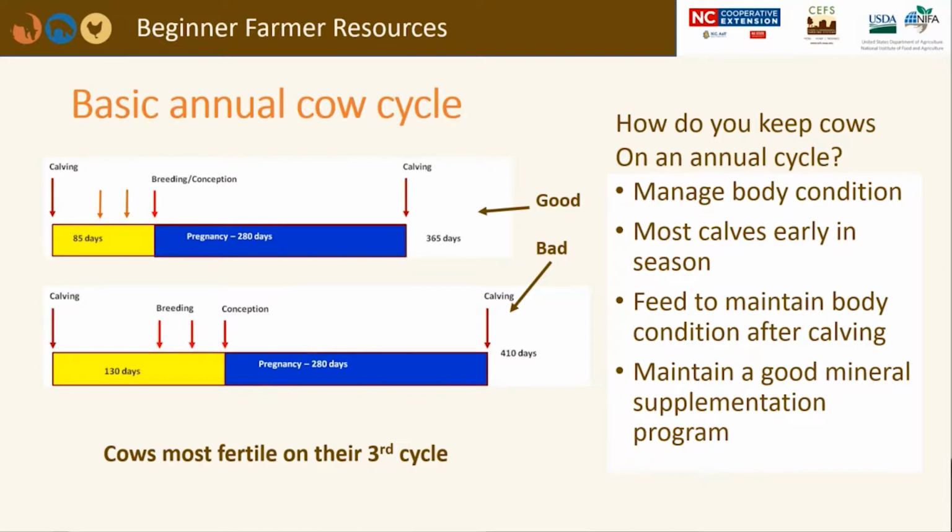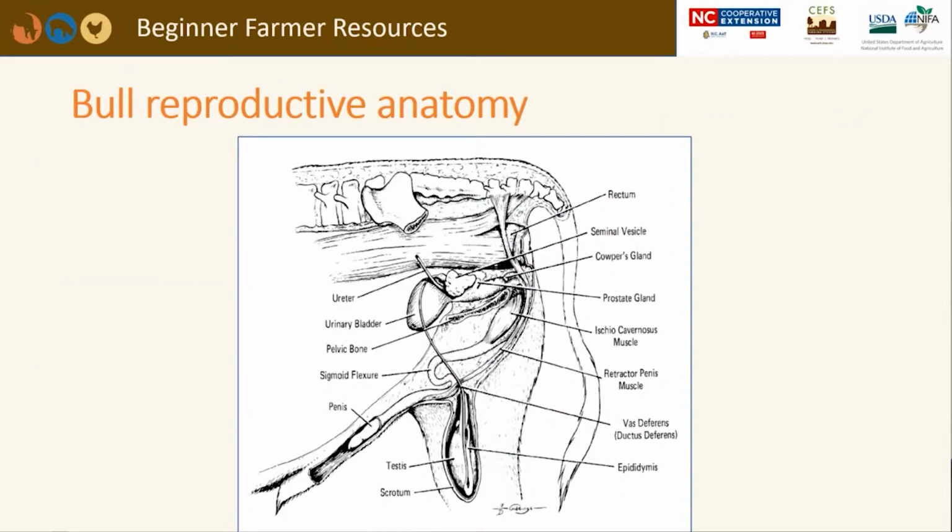If these cows continue to have a long interval between calving and the time that they're bred back, then they will have lower efficiency and will be culled from the herd for being open at some point. They will not be cycling at the point that the bull is removed from the herd. So very important that these cows cycle early and that the bull is ready to breed them when they do calve.